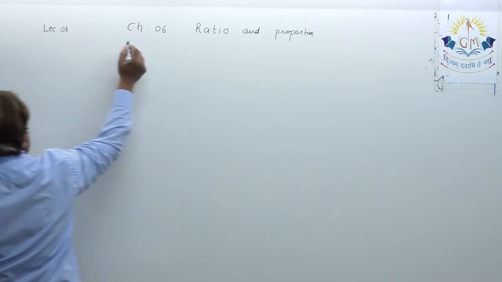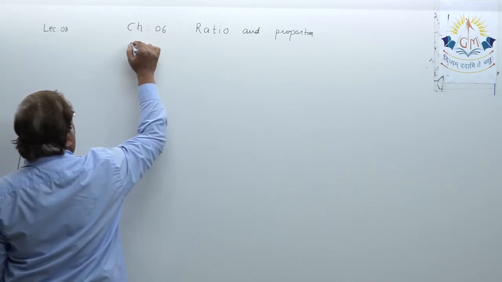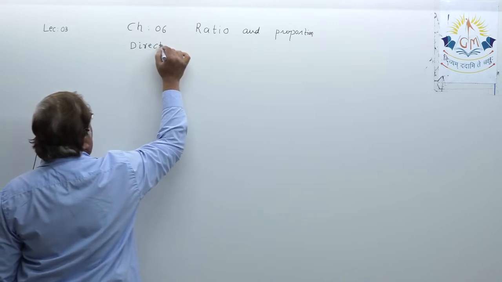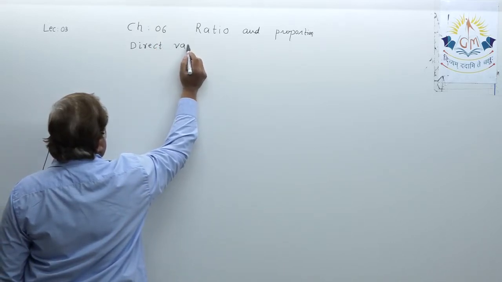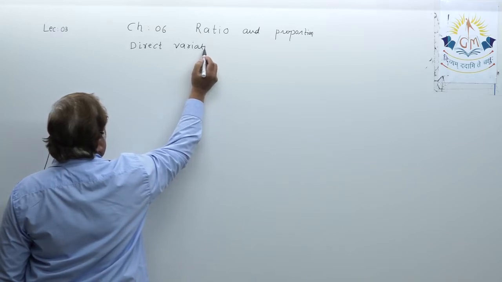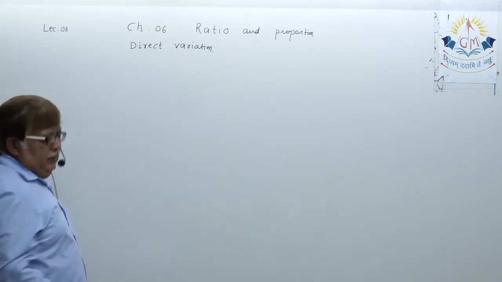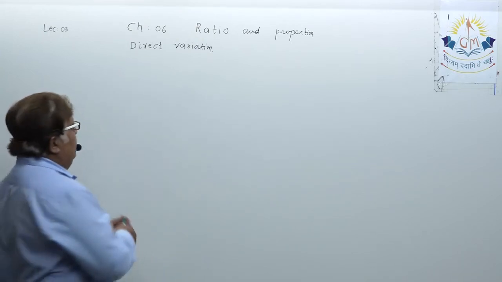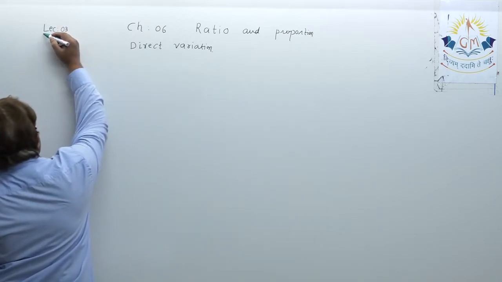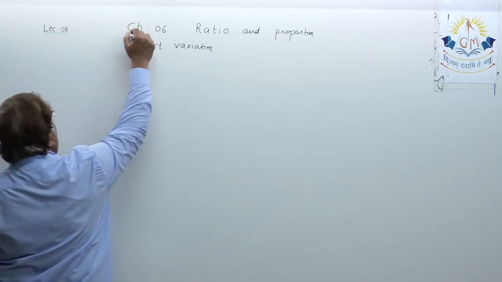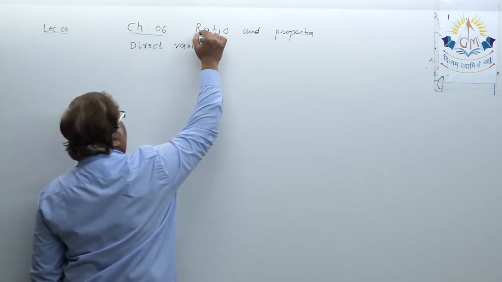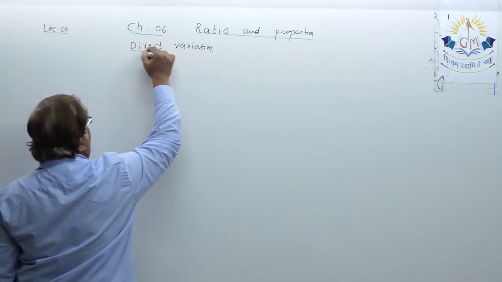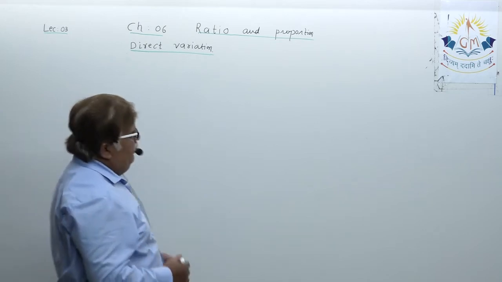The topic we are targeting is direct variation, on which we are continuing our discussion. It is a continuation of ratio and proportion, and in that, direct variation.